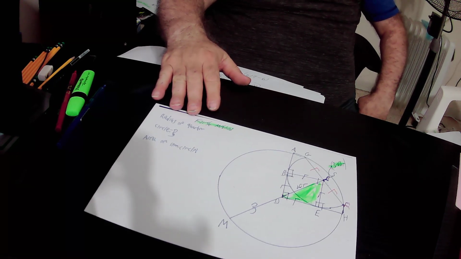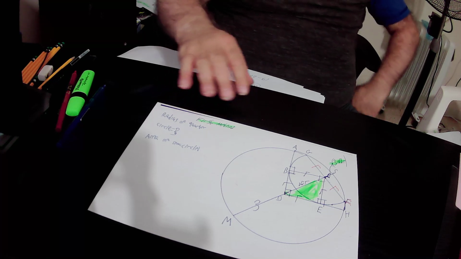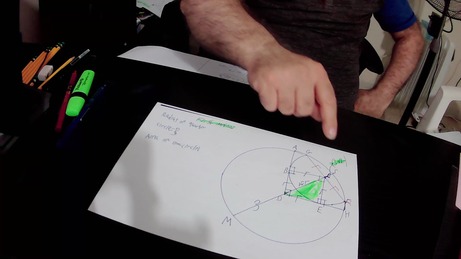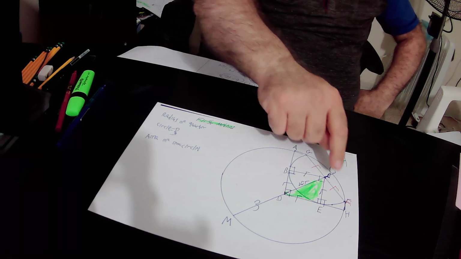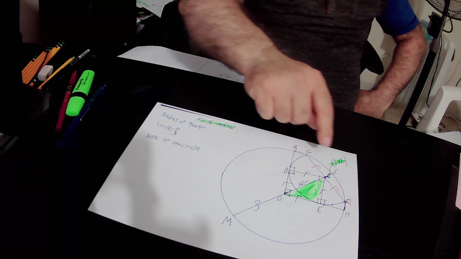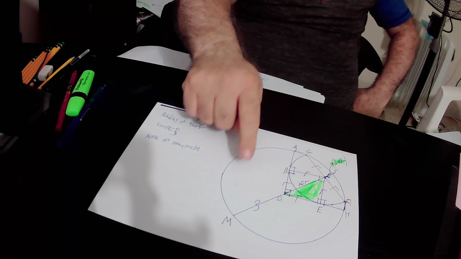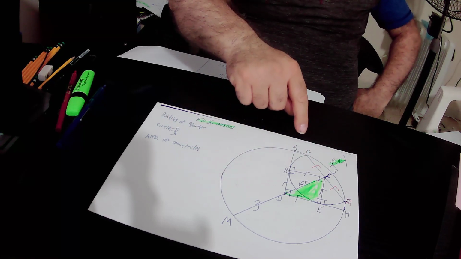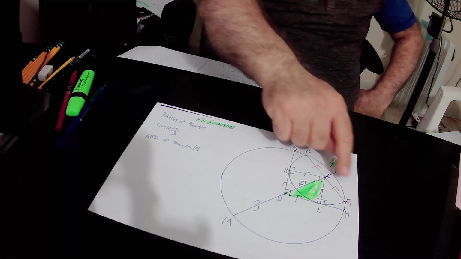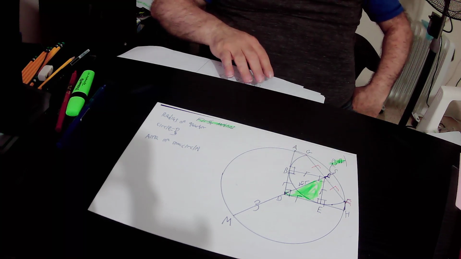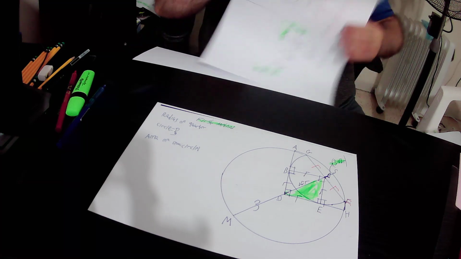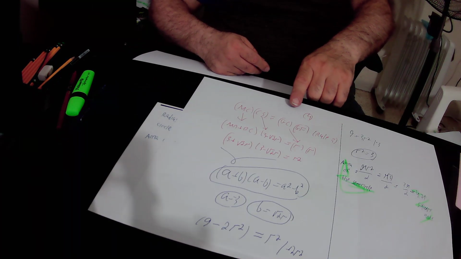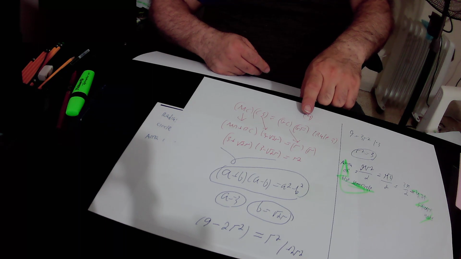Therefore, according to the rule that I mentioned, MC times CS must be equal to GC times CF. Again, MC times CS must be equal to GC times CF, according to rule number 3.